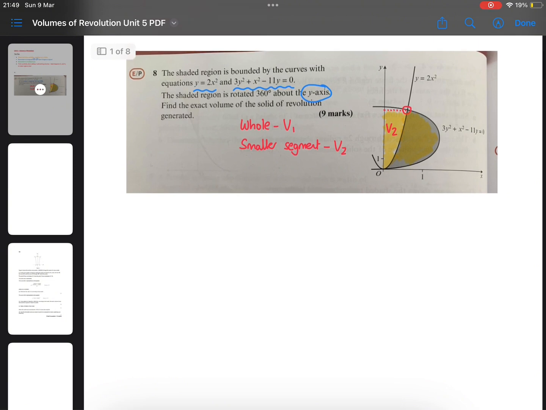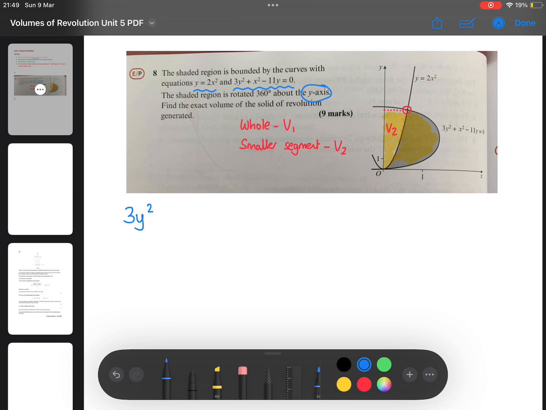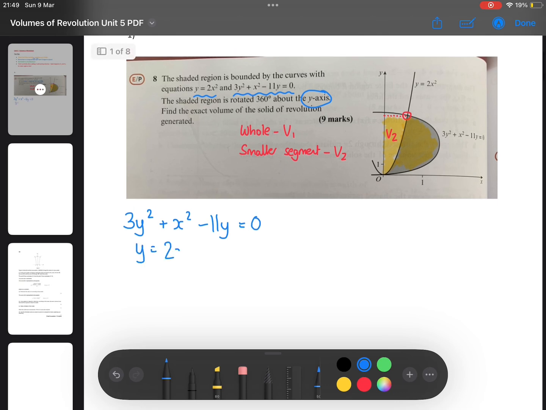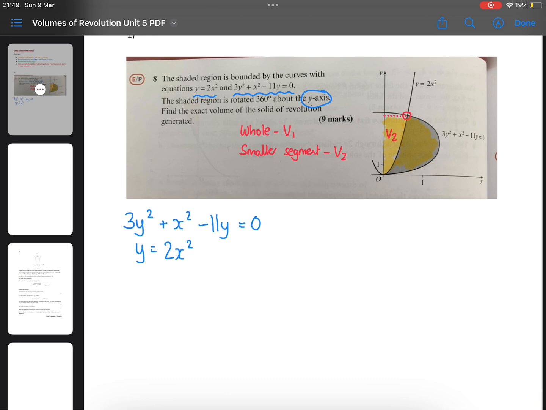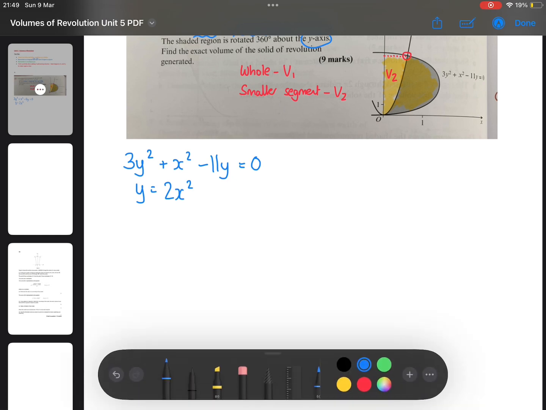So to start with, we're going to find the point of intersection of the two curves, which of course we'll do by solving them simultaneously. So we have 3y squared plus x squared minus 11y equals 0, and y equals 2x squared. And it's the y value which we're interested in, because we're rotating about the y-axis. So we want to make y the subject here by substituting x squared for y over 2.